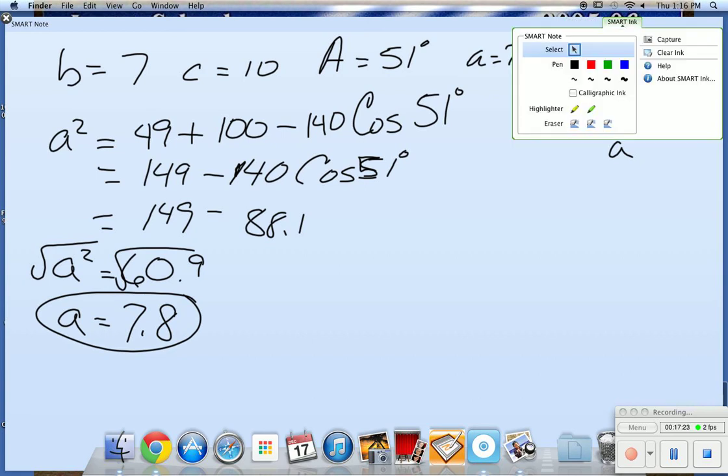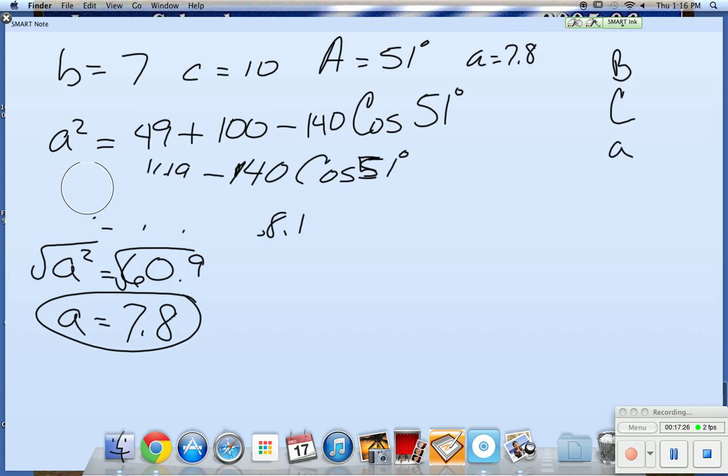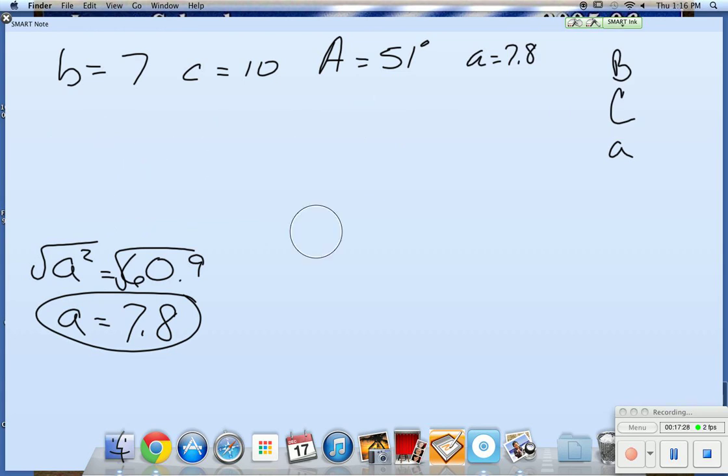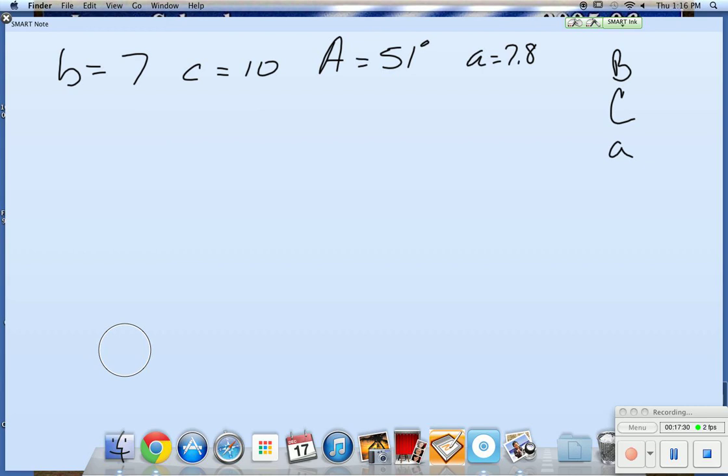Let me erase some of this. So we got that. Now, what can we use to figure out the rest? Law of sines, right?